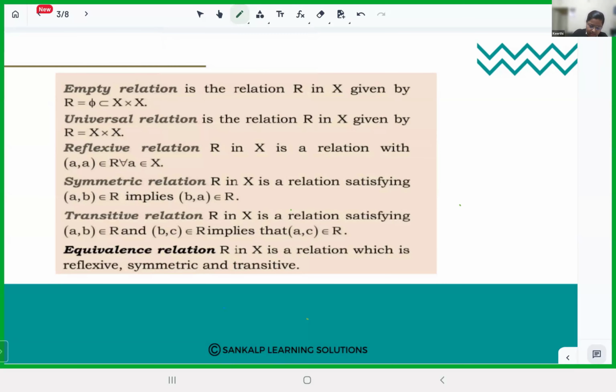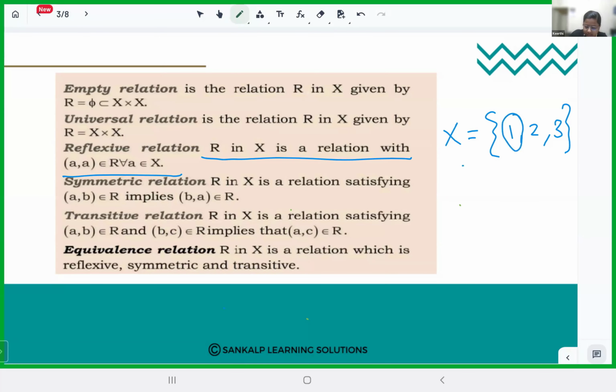A reflexive relation R in X is a relation with the ordered pair (a, a) belonging to R for all a belonging to X. Suppose X is the set {1, 2, 3}. Then how will you define a reflexive relation? The reflexive relation should contain the ordered pair (1, 1), it should also contain the ordered pair (2, 2), and similarly it should also contain the ordered pair (3, 3). This is known as a reflexive relation.